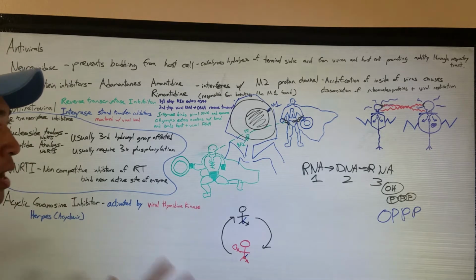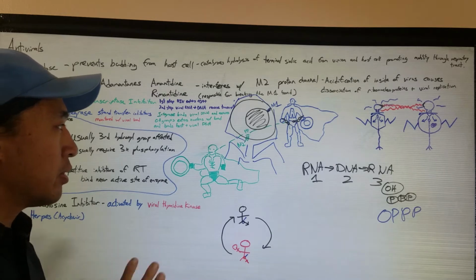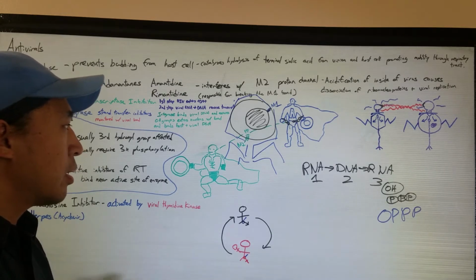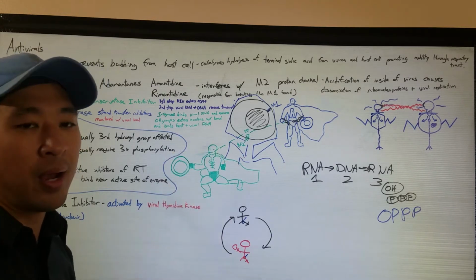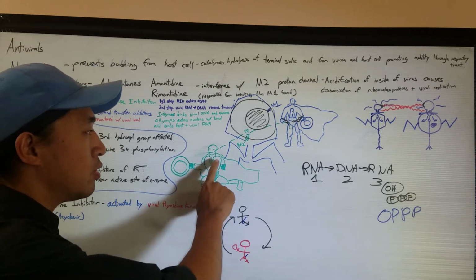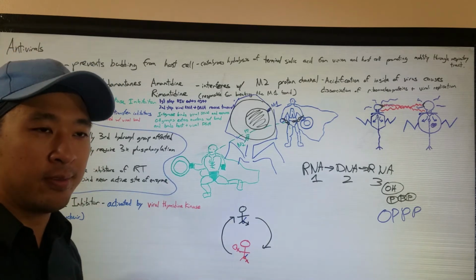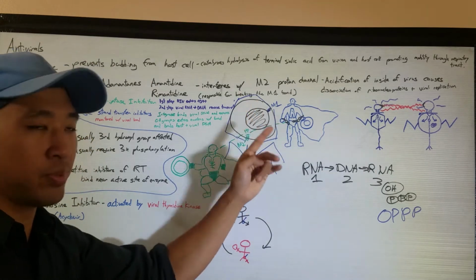Now, how do these things work? Remember we said it's an M2 blocker. And what is M2 actually doing? What the M2 channel does is it allows acids to build up inside of this little capsule here.